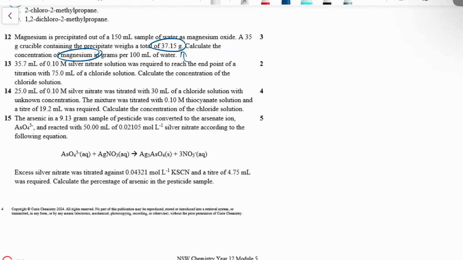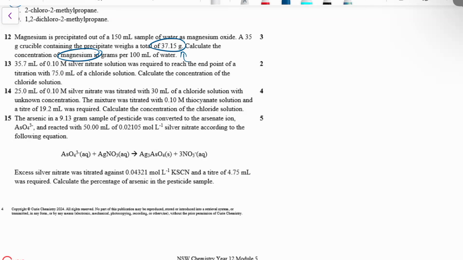No. The 37.15 grams is a total of the precipitate and the crucible, because they said weighs a total.